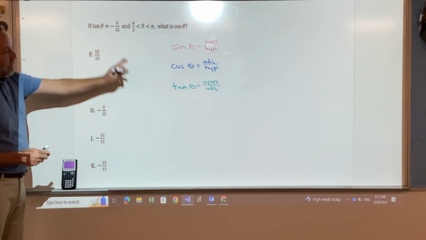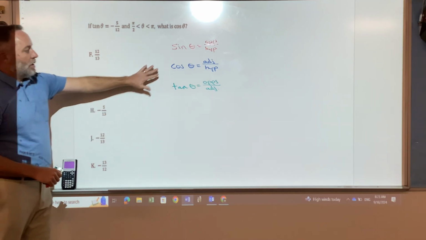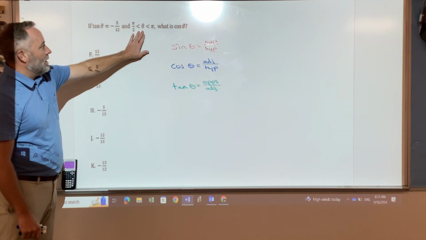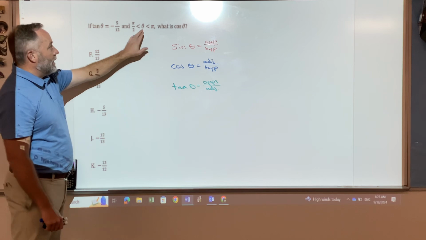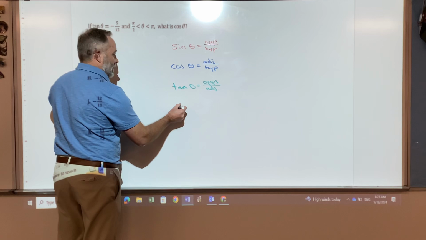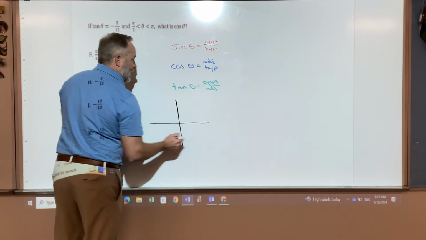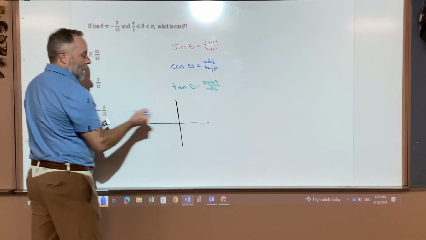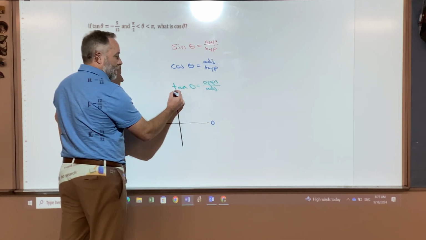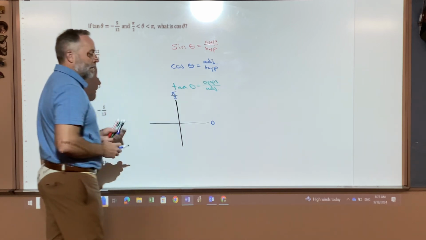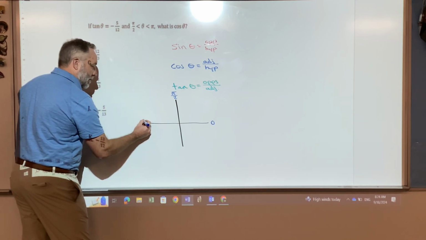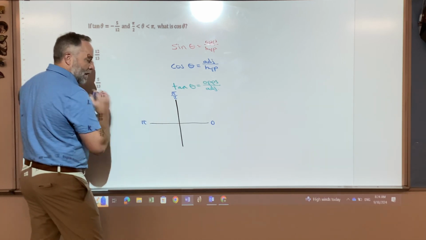Okay, so we're going to use those three, really just cosine and tangent, but let's talk about this piece. This piece is telling us the location of our angle. It's between pi halves and pi. So if we drew an axis here, the right-hand positive x-axis is 0, and then this is pi halves. 90 degrees in radians is pi halves, 180 degrees in radians is pi, and that's really all we need, but I'll finish this off.